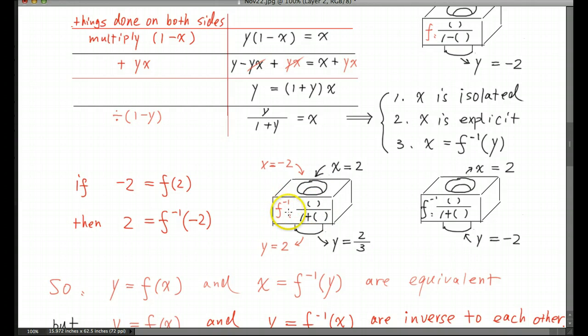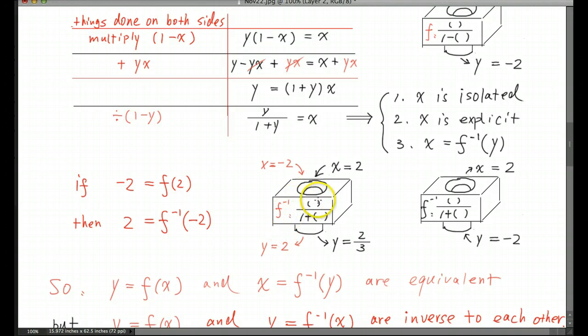Basically the machine is different. If you compare this to this and this, they're two different machines. If you still put x equals 2 into this machine, you get y equals 2 over 3. So the machine is different. Basically f and f negative 1 are inverse relations, so they're different kinds of expression.